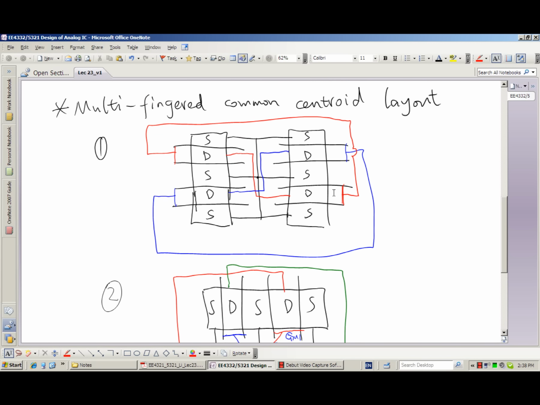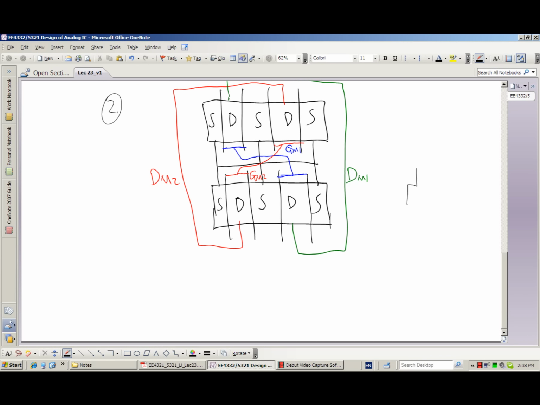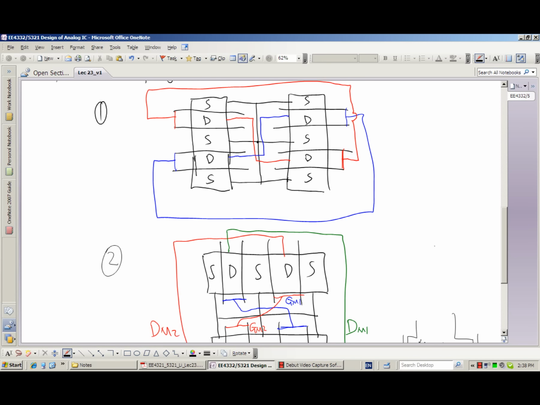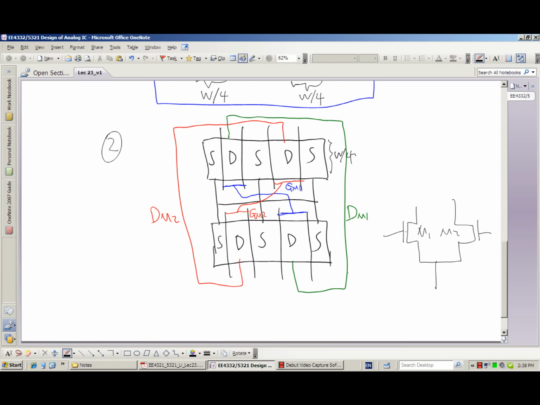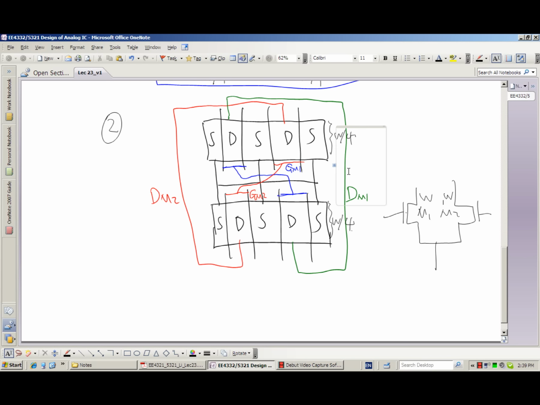So finally, by those two kinds of layouts, we have the equivalent of a differential pair M1, M2, like this, and the gate width should be W over 4, W over 4, and here W over 4, if the width of the transistor is W. So we divide the transistor into 4 and make this kind of connection to achieve perfect matching.